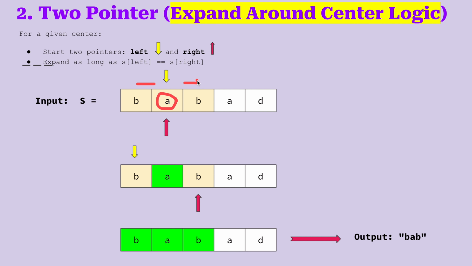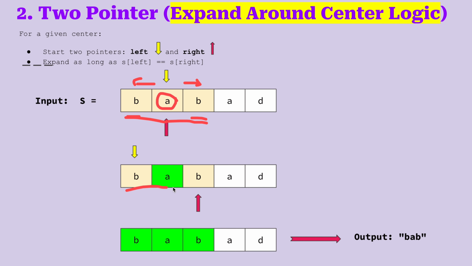If we expand, left becomes left minus minus and right becomes right plus plus. Then we check whether both characters are the same. If so, we expand our palindrome.